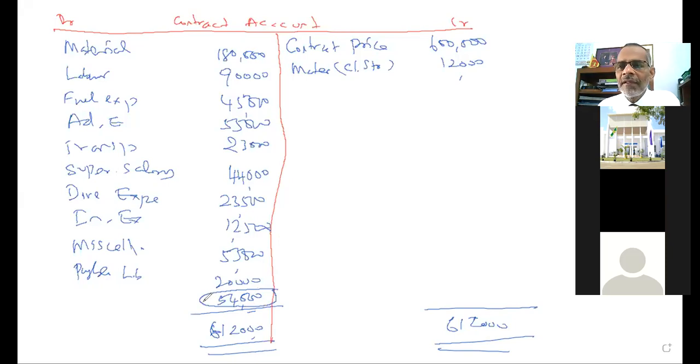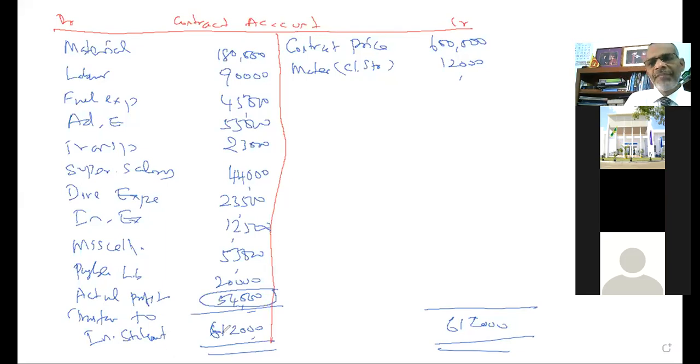This is actual profit transferred to what statement? Income statement. Is it okay? Understood now?